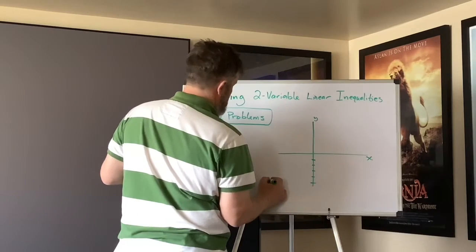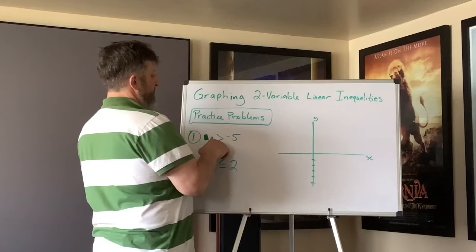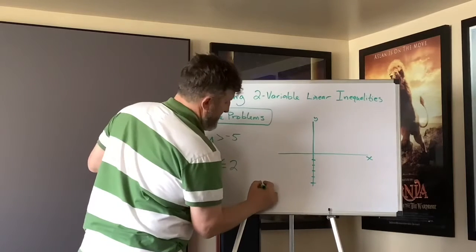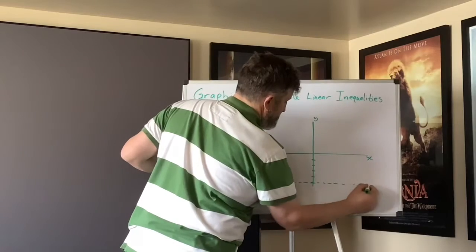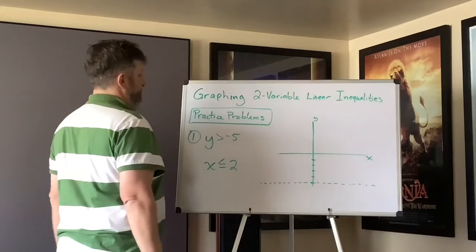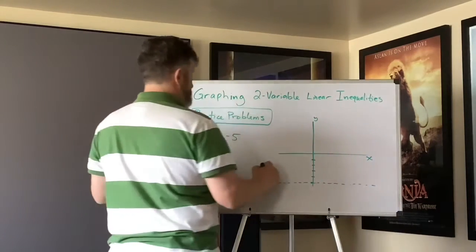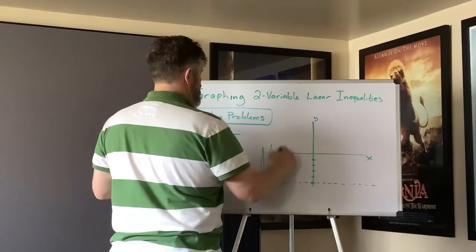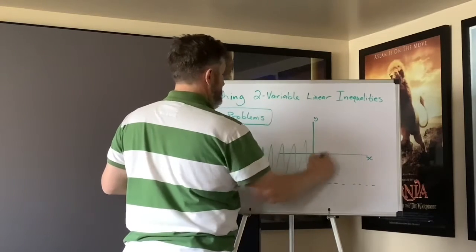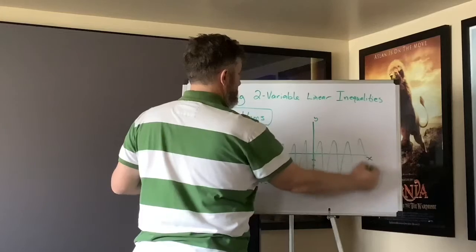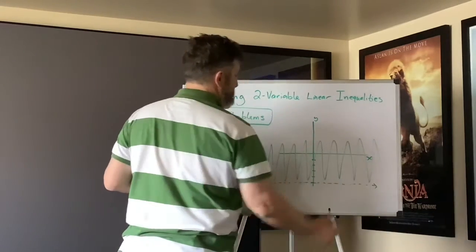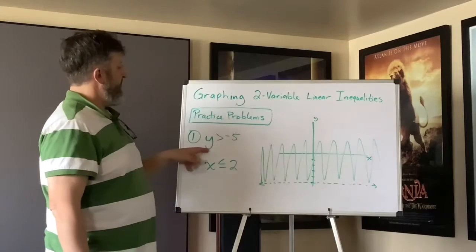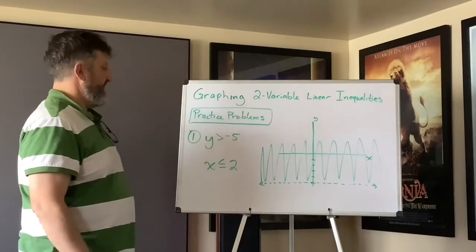And now, it's strictly greater than, so that means I have to have a dotted line. And then we're shading everything greater. Well, greater is above, right? On top of the roof. Okay, so there it is. That is y is greater than -5.